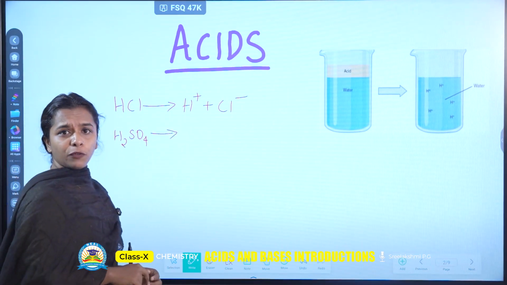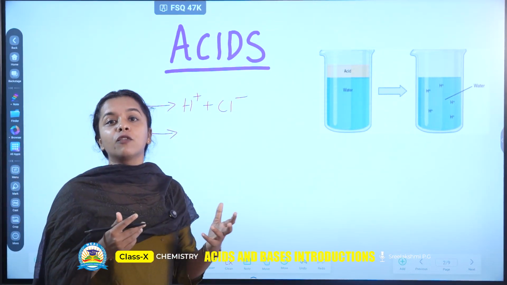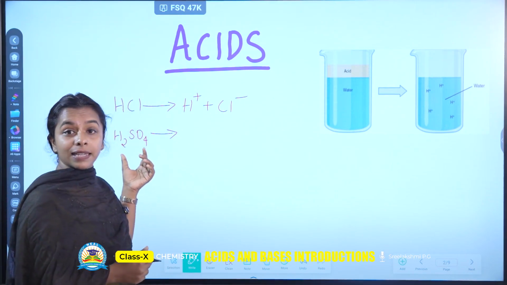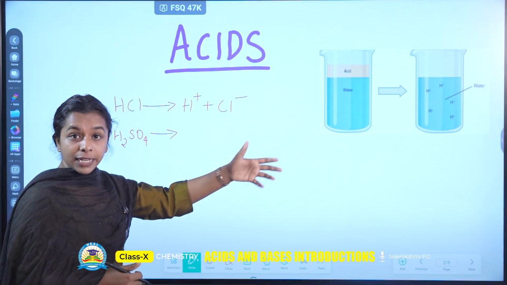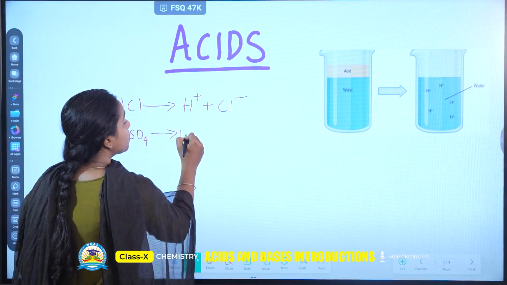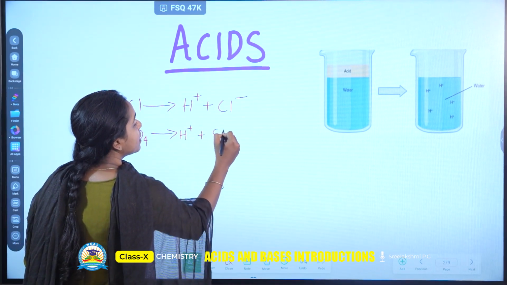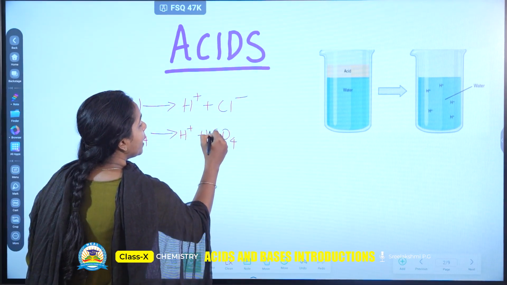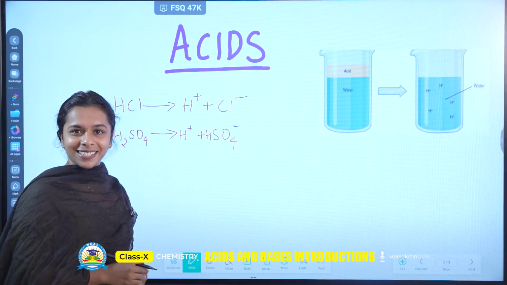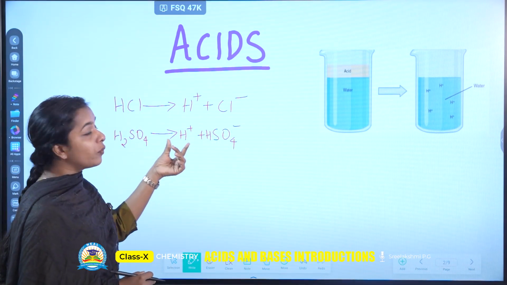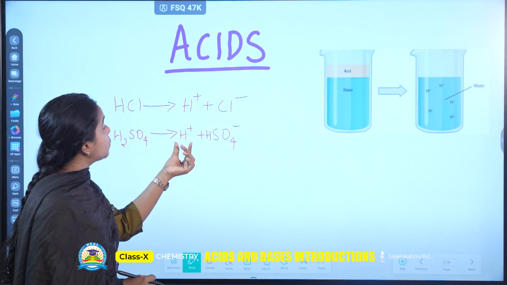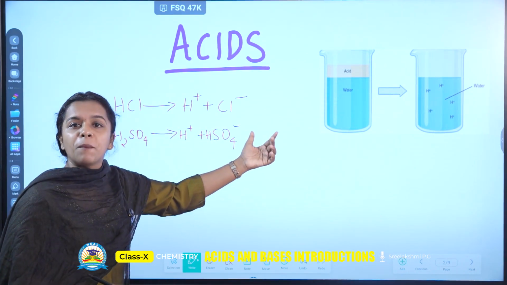Have you heard of H2SO4? Yes, it is sulfuric acid, the king of chemicals, right? When you dissolve this H2SO4 into water, it will also produce H plus and HSO4 minus. Can you see here? H2SO4 will dissociate to form H plus and HSO4 minus.